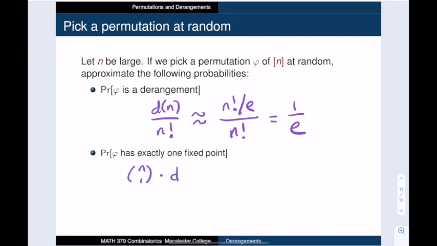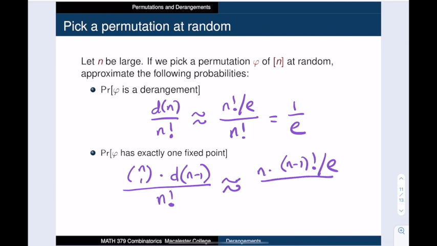And so that can be done in d of n minus 1 ways. And I have to divide that whole thing by n factorial. And so this is approximately n times n minus 1 factorial divided by e over n factorial. And so we get 1 over e again.